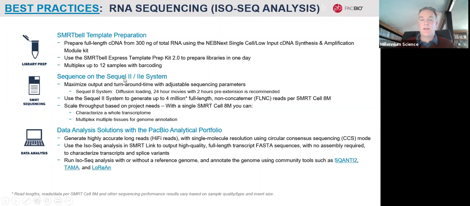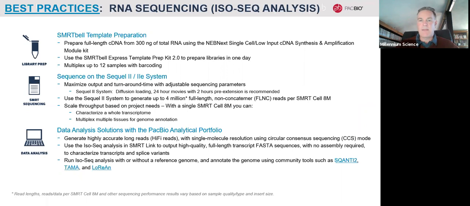Then you sequence on the Sequel II or Sequel IIe, the latest models of the instrument, and just follow the protocols. Use the recommended settings for ISO-SEQ, and you'll expect to generate around 4 million full-length non-concatemer reads on a SMRT Cell 8M. And then you've got a full data analysis solution built into the PacBio pipeline, so you can have this set with ISO-SEQ, and there are a few parameters that I mentioned before that you can tweak about what level of Q-score you allow through, and various other things.